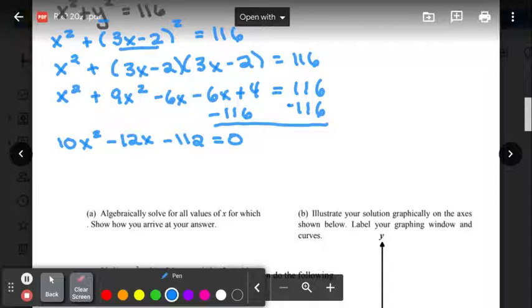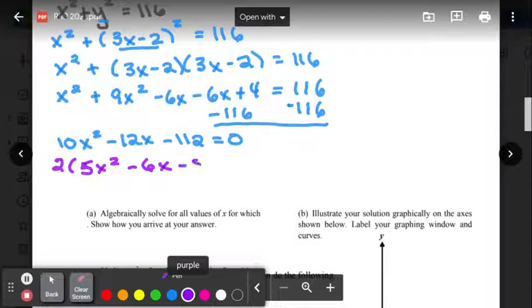So here we go. I'm going to take out my 2 because that's the biggest number that goes into all of those. So I have 5x squared minus 6x minus 56 equals 0. And now I have to group. Since it's a trinomial, I have to split.